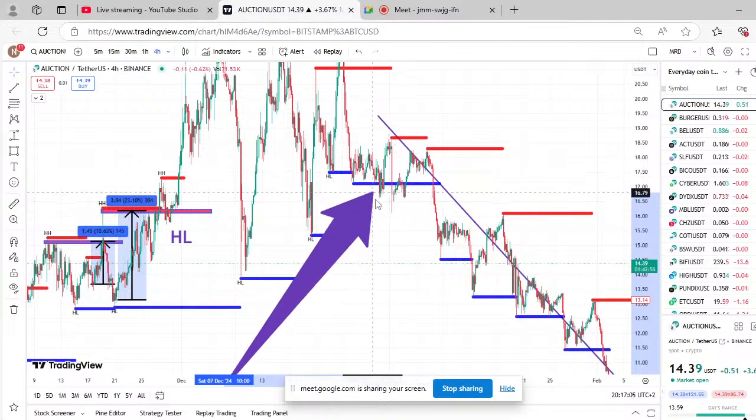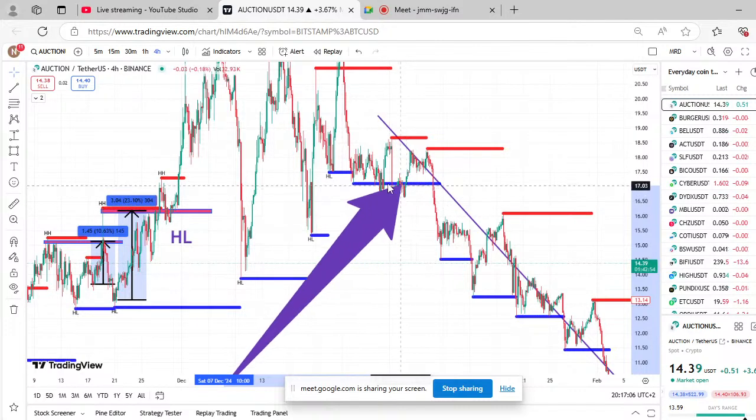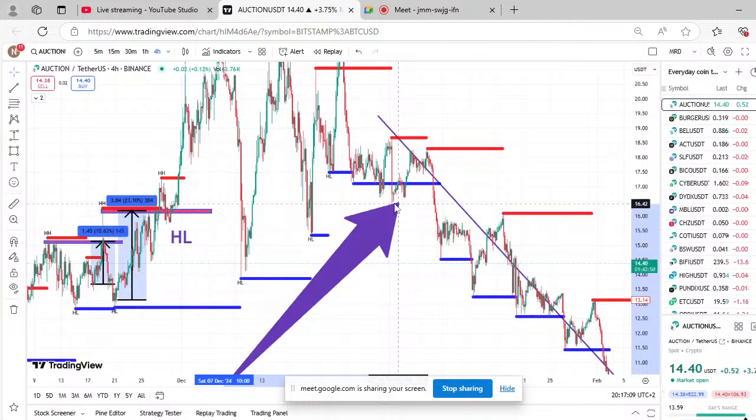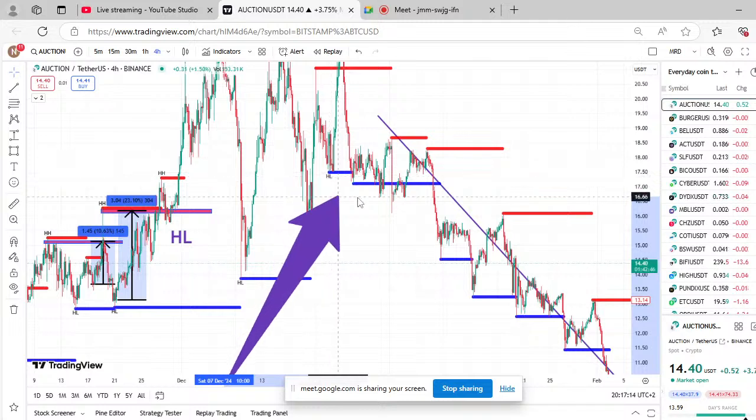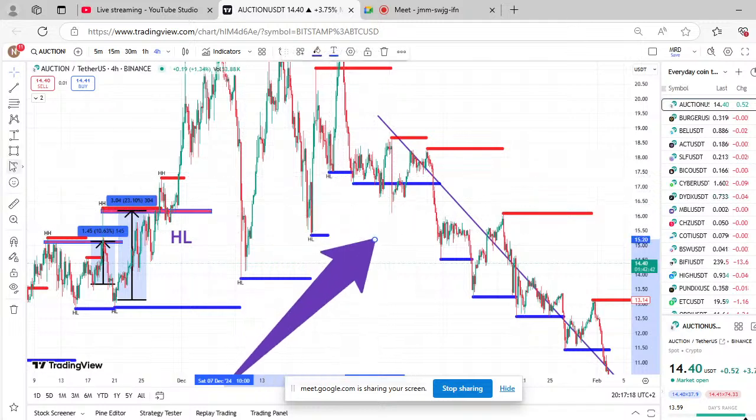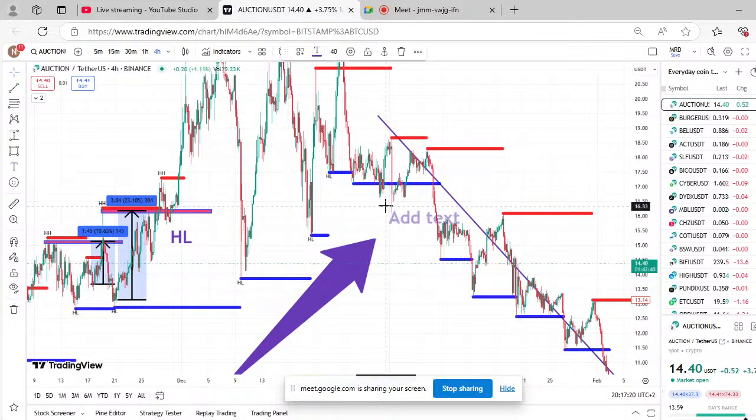This was the area of the lower low. The market is changing character from an uptrend, where we had higher lows, to a downtrend. Now we are starting to form what we call the downtrend, where we have to identify these lower lows.